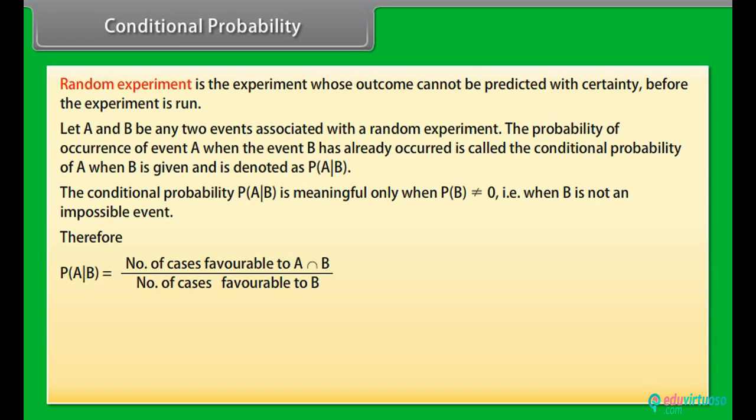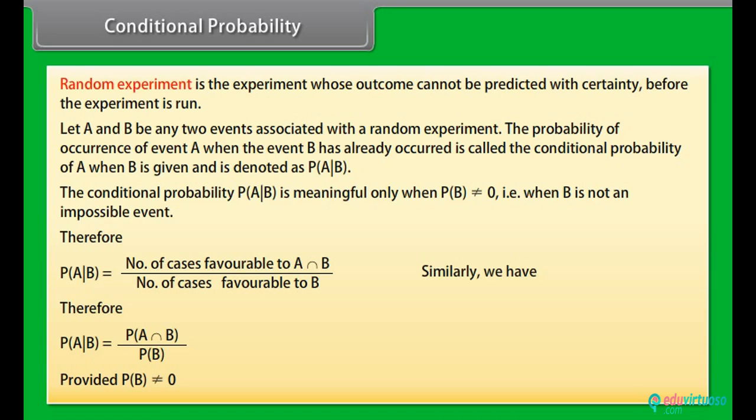Therefore, conditional probability of event A when event B is given is equal to number of cases favorable to event A intersection event B by number of cases favorable to event B. Therefore, P(A|B) is equal to probability of event A intersection event B divided by probability of event B, provided probability of event B not equals to 0.